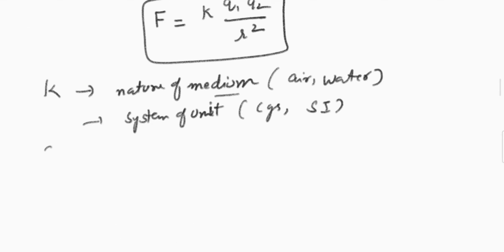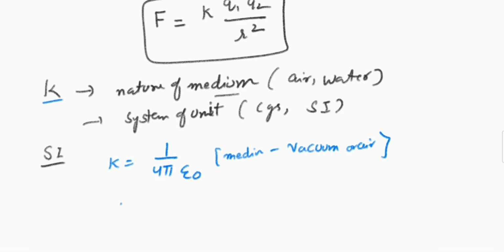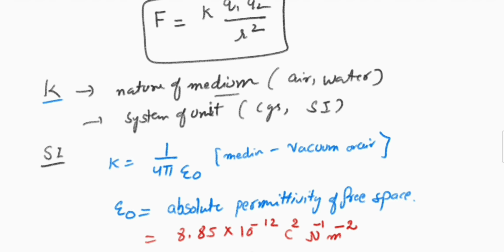So here in case of the SI system, this K is equal to 1 upon 4 pi epsilon naught, and here the medium is vacuum or air, and this epsilon naught is known as the absolute permittivity of the space, and its value is equal to 8.85 into 10 raised to power minus 12 Coulomb square Newton inverse meter inverse square.